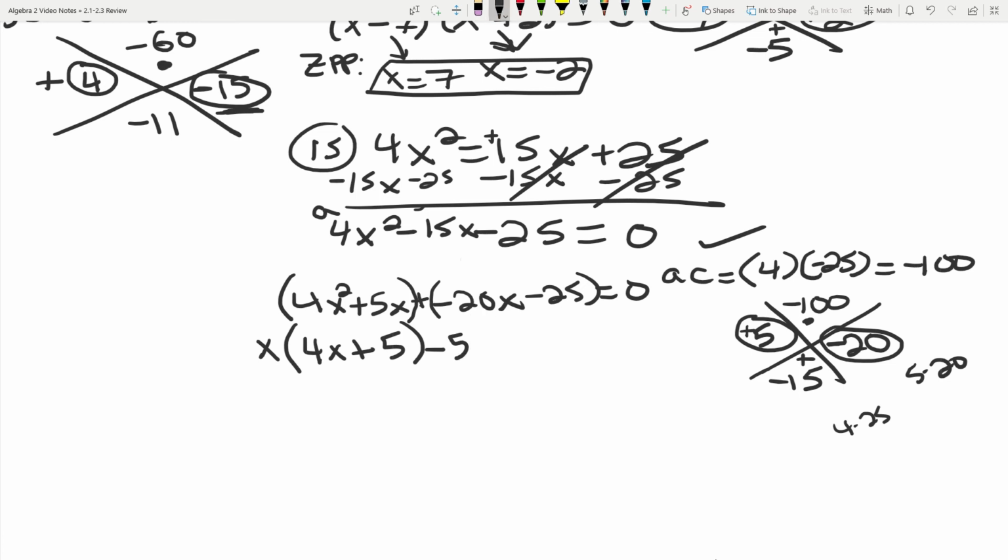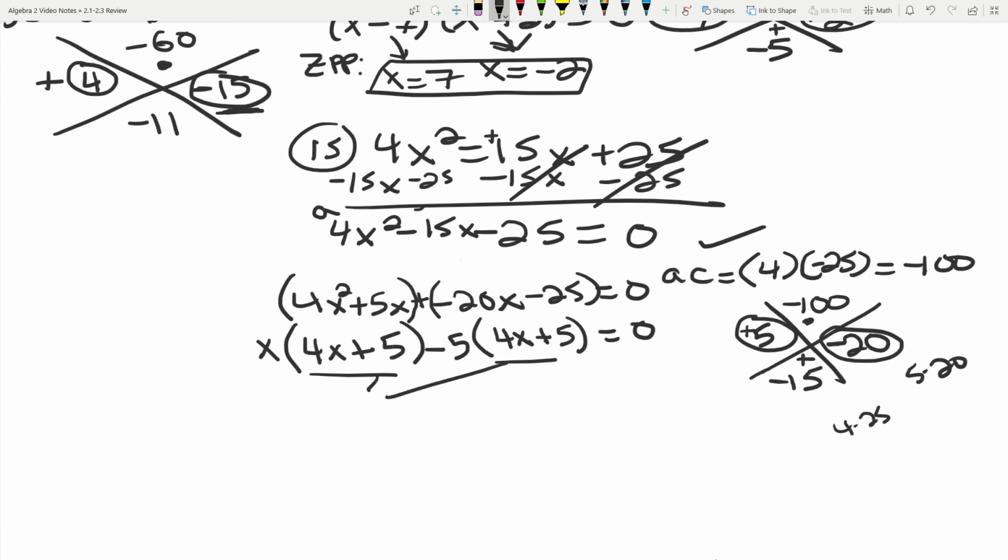So now, negative 5 goes into negative 20 4 times, with an x left over. Negative 5 goes into negative 25 positive 5 times, equals 0. These match. These always have to match when you do this.